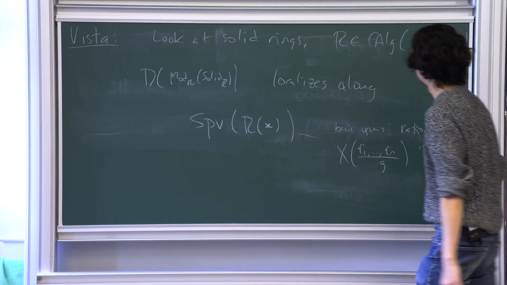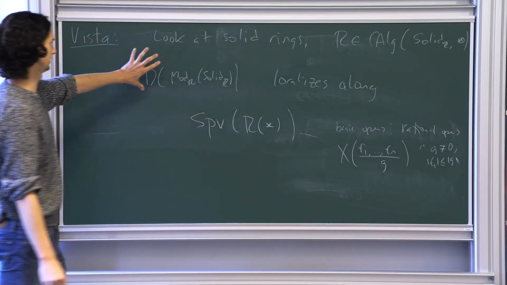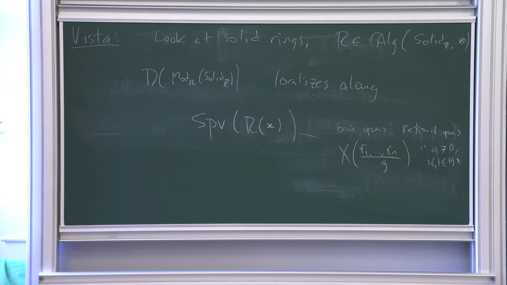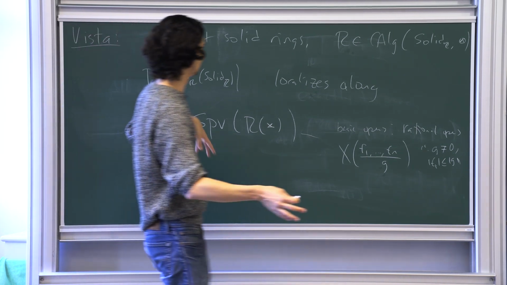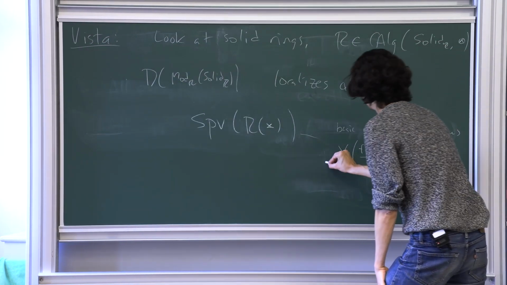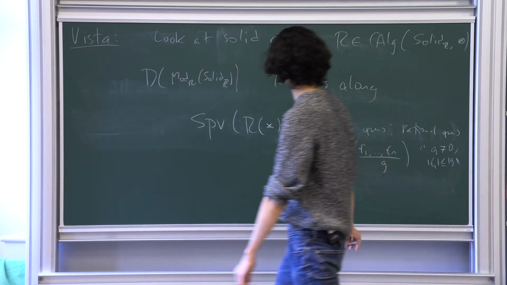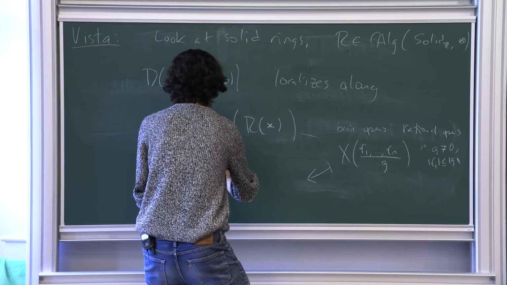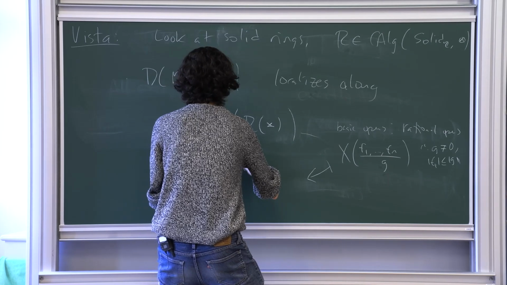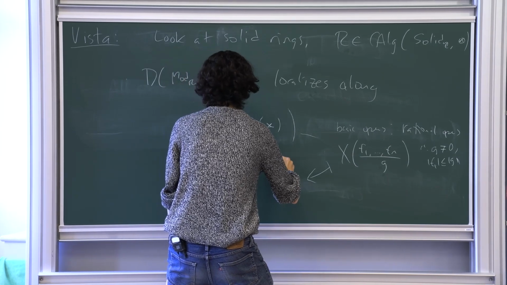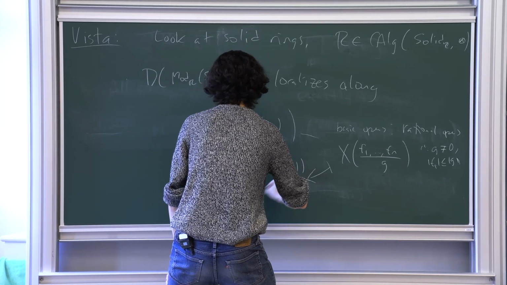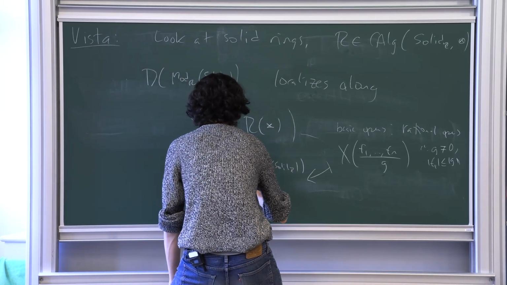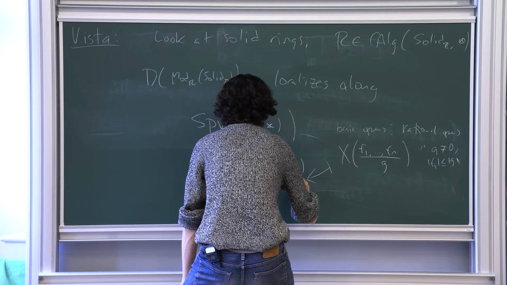Right. And so I'm saying that this localizes on this, meaning you actually have a sheaf of categories, a sheaf of symmetric monoidal categories. And what you're going to attach to this thing is a version of the solid theory. So you look at those M in D mod R solid Z such that, first, multiplication by G on M is an isomorphism.